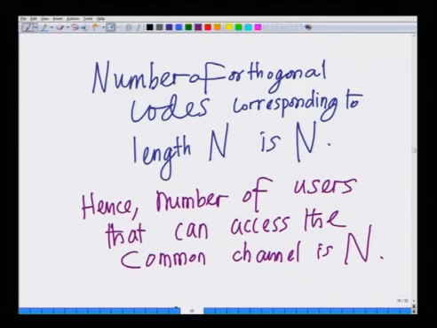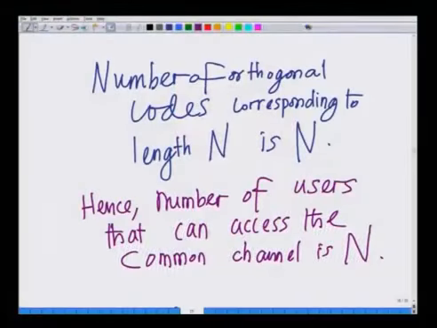In this case, if n is 4, I can support 4 users. If n is 16, I can support 16 users. If n is, let us say, 1024, that is 2 to the power 10, I can support 1024 users.